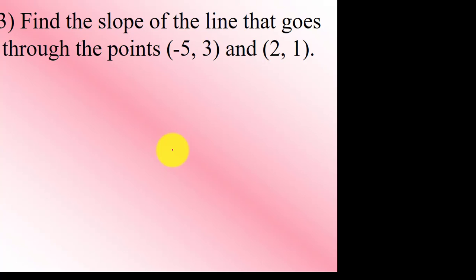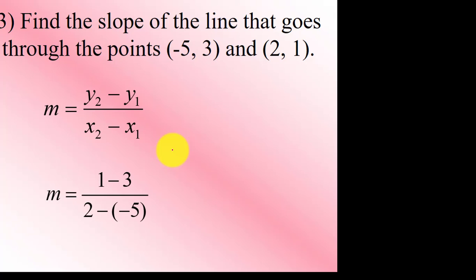So let's try that again. Let's find the slope of the line that goes through these two points. So if I use my formula, we're going to plug in some numbers here. So they used 1 as their y sub 2. And they used 3 as their y sub 1. That's where 1 minus 3 comes from. Now be consistent, right?